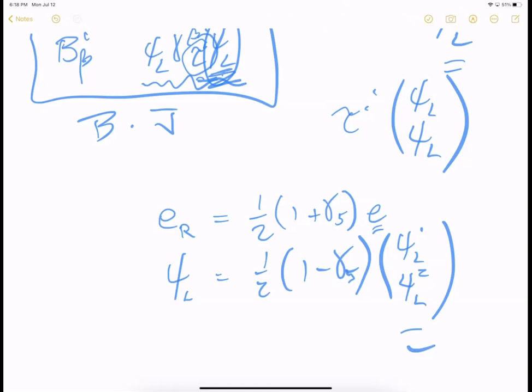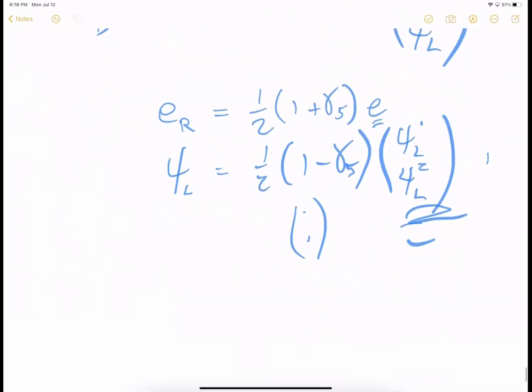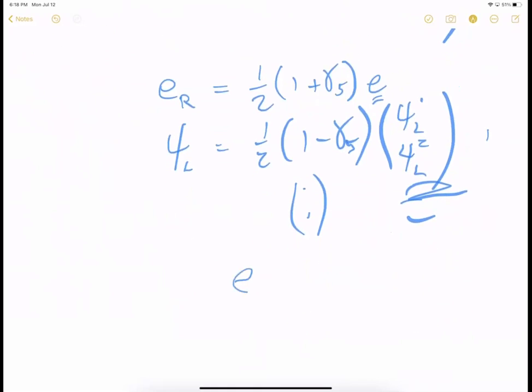In order to produce some scalar value term in the action for that, we're going to need another doublet to combine with this doublet. You can always multiply in the singlet. So it's perfectly fine to write something like e bar right times psi left.